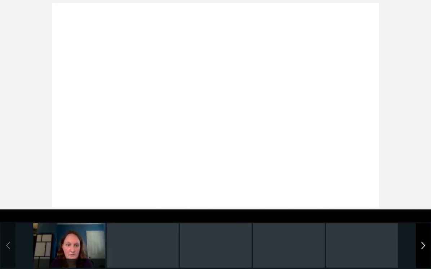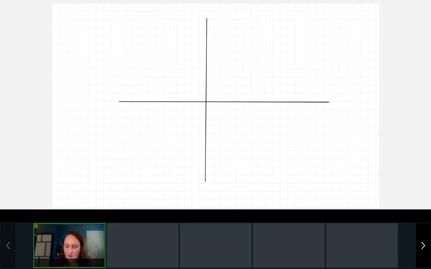Sorry, guys, got to build my graph. Y-axis, x-axis. All right, let's go back to the problem at hand, except this time, instead of the box, let's use the graph.